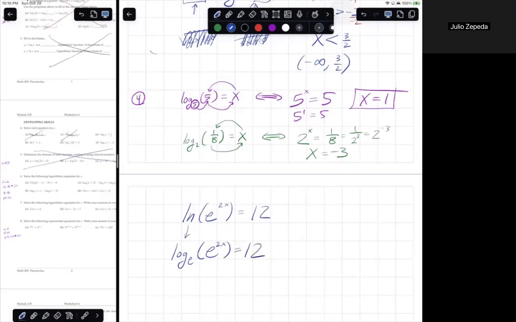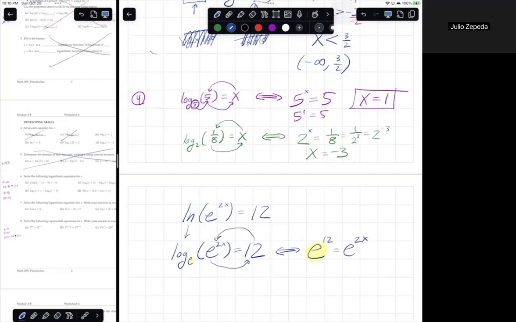Now that we have the log written with its base clearly showing, log base e, I can write it in exponential form, where these two quantities switch sides and this e becomes big, and we get e to the 12th equals e to the 2x.